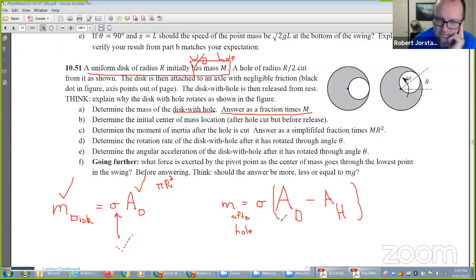And I'm going to put some parentheses around there. So hopefully that makes sense. That's how you can get part A. And my apologies if I stole your thunder. All right.